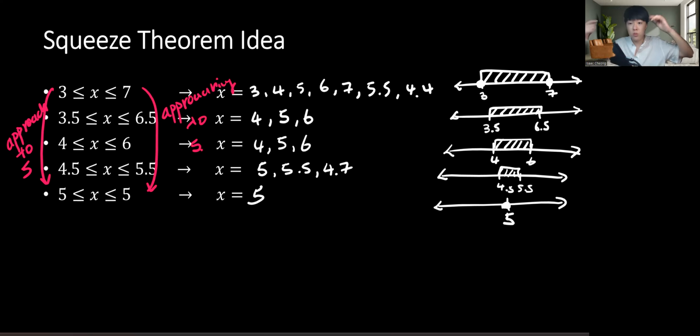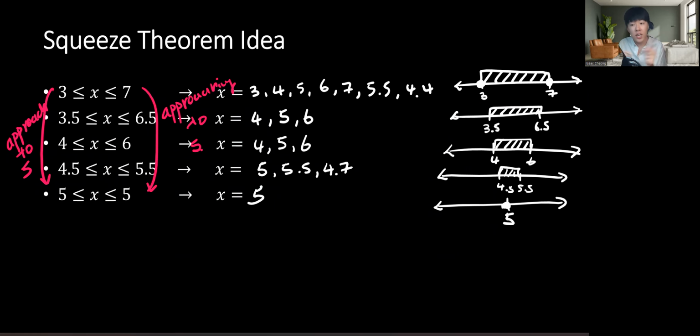So as both approach 5, the possible range of x is getting smaller, smaller, smaller, right?